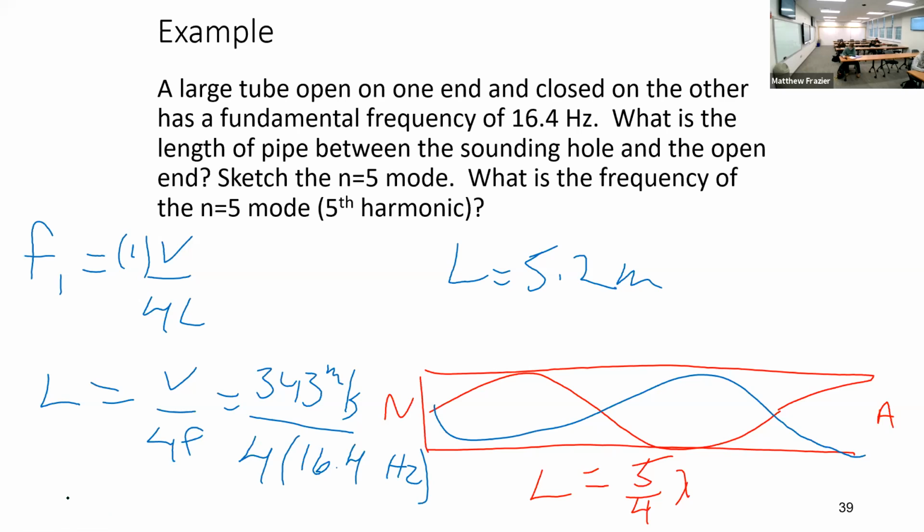So the other part of the question, what is the frequency of the n equals 5 mode? That's fairly easy. F5 is 5 times F1.